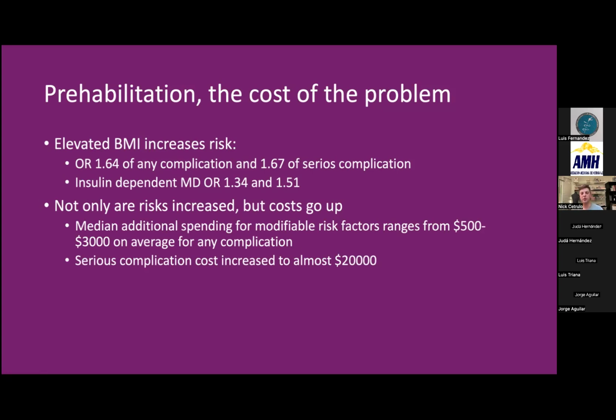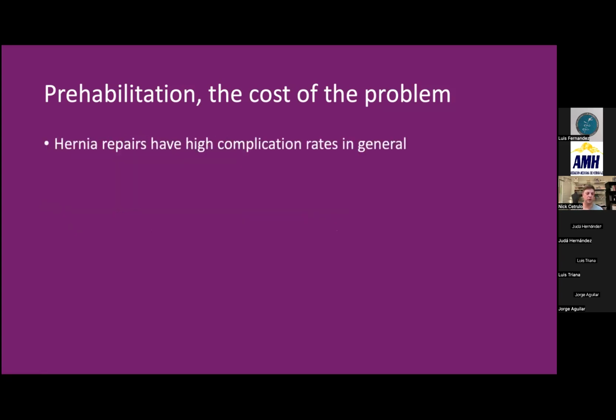So the cost of this problem is of high magnitude. And as surgeons, we can do things to reduce this cost and to improve the outcomes for the system and for our patients. One thing that's relatively important to keep in mind is that hernias have relatively high complication rates and relatively high rates of reoperation.